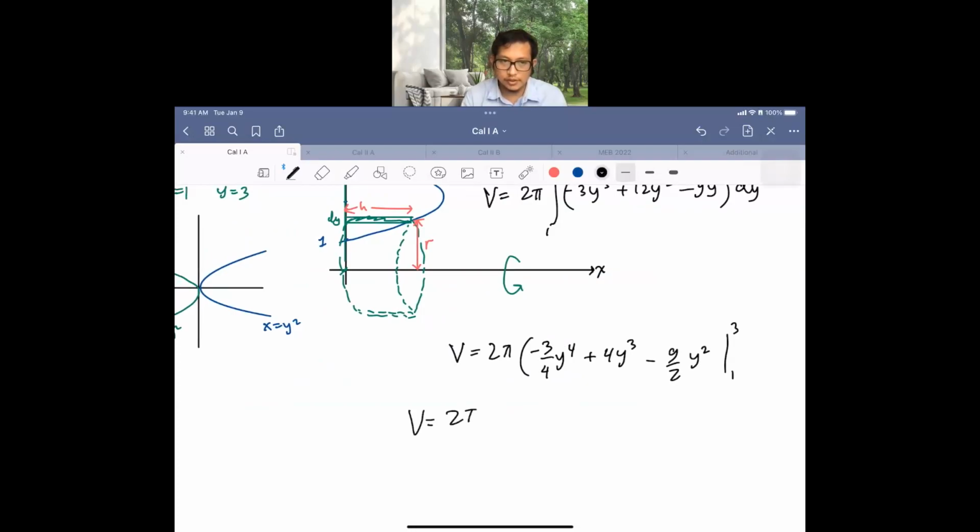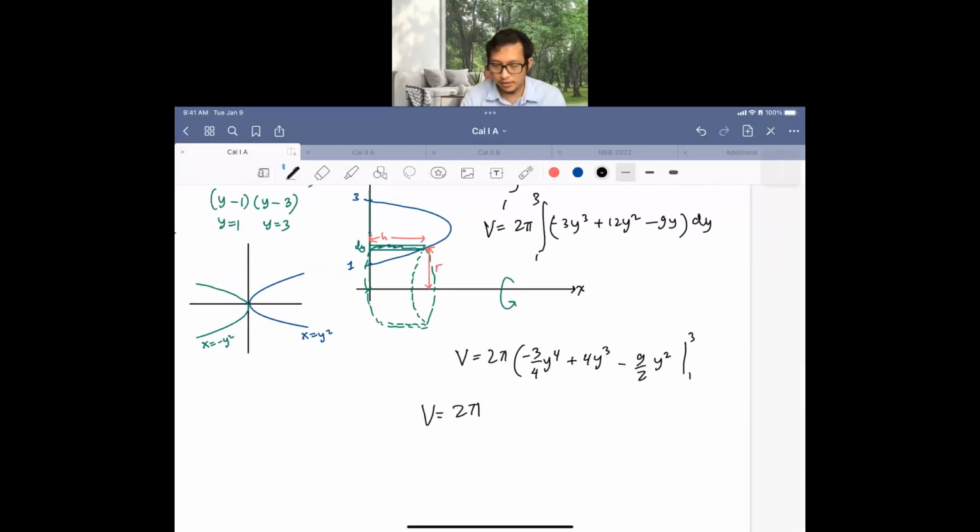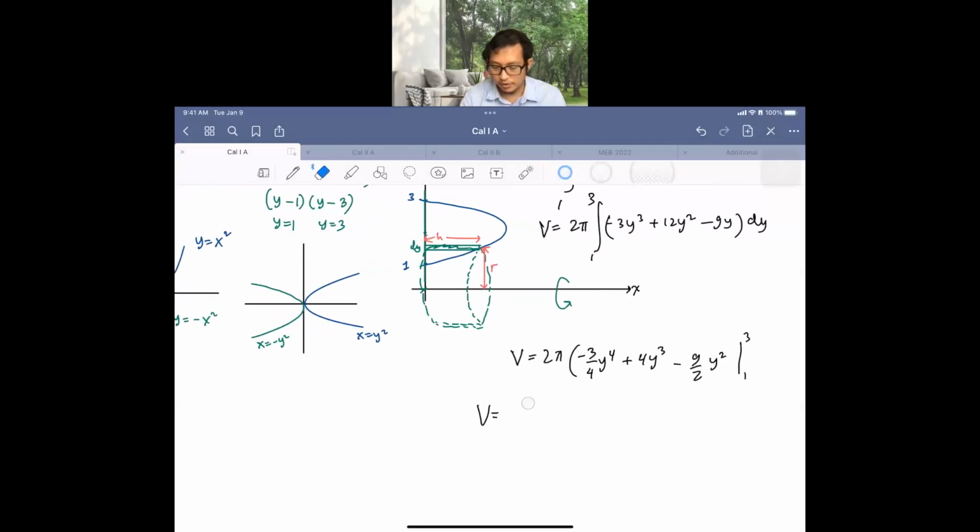So 2 pi, or even if you would like to, take out 3. So 12 over 3, we could say 6 pi, and maybe take the negative to make the calculation easy.